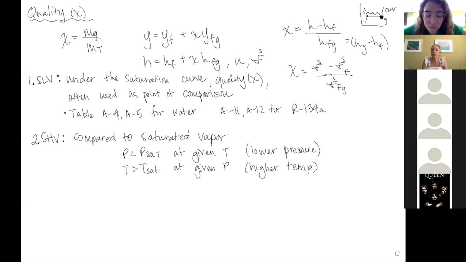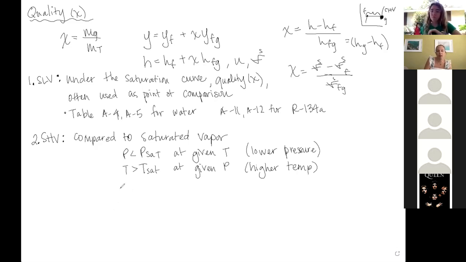And if your pressure is much lower, then you can assume it's a superheated vapor. And vice versa, if you're told this system's at 1 megapascal and 400 degrees Celsius, what's the internal energy? Well, you can go to 1 megapascal and see what the saturation temperature is. If your temperature is much higher than that saturation temperature, then you have a superheated vapor.